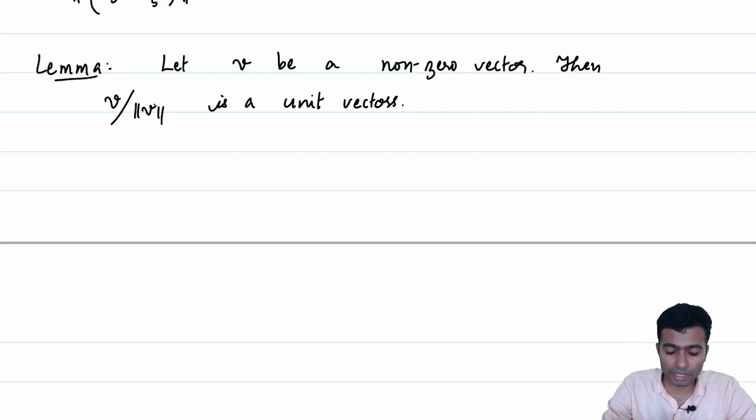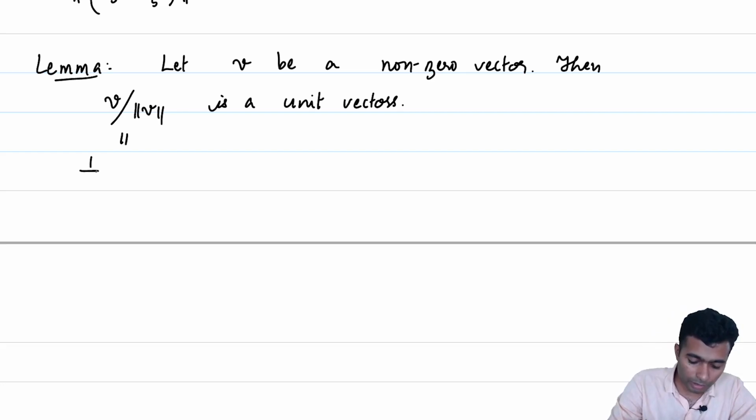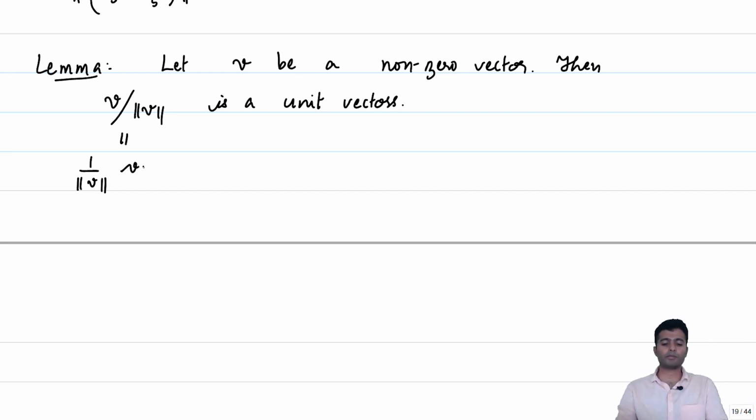What does it mean? This is just the scalar multiple of 1 by the length of v with the vector v.